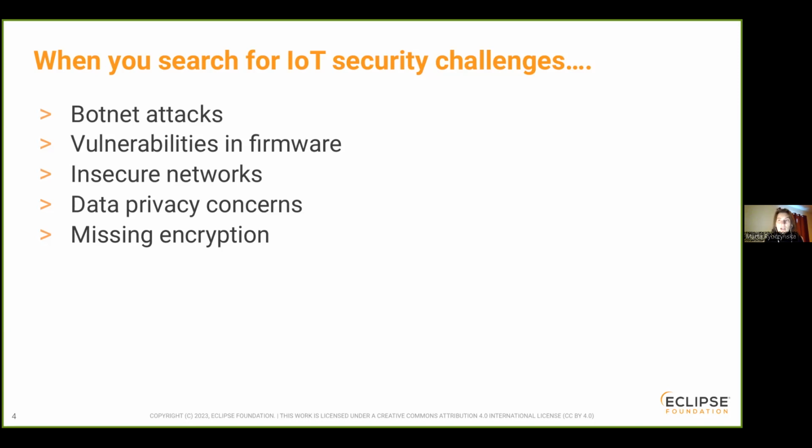Definitely something you do not want to encounter in your product. And then finally, we quite often have missing encryption, missing encryption on the device for the data or for the traffic being sent or received by the device.